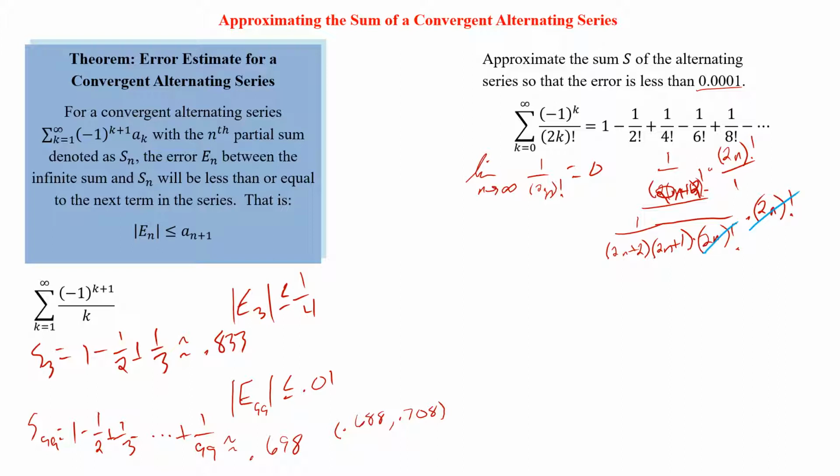So we get 1 over 2n plus 2 times 2n plus 1, which is less than 1 because we have 1 over these fairly big numbers. So it is non-increasing. More specifically, it is decreasing, which means that this will be a convergent series, which means that we can use our error analysis.